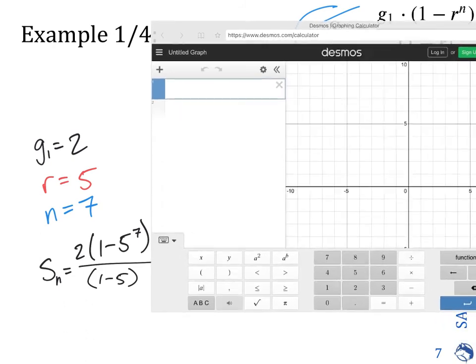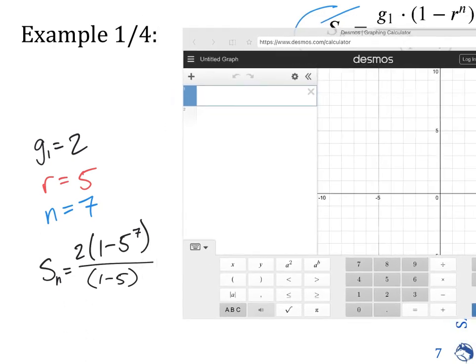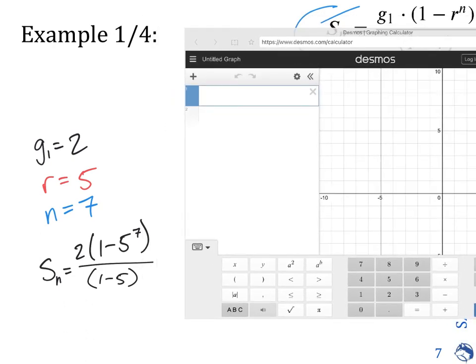And I'm just going to type the whole thing in that I see there. So let's try the fraction again. So press the divide button to get a fraction, and then you can do 2 times 1 minus 5 to the 7th. And then on the bottom of the fraction, we write 1 minus 5. And there's our answer. We get 39,062.